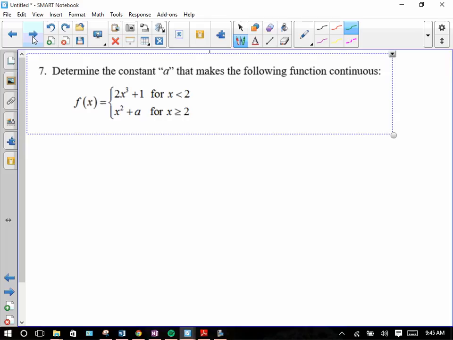If they're going to be continuous, that means that the left hand limit has to equal the right hand limit. So you're just going to show that this is equal to this, and x is 2. So you plug 2 into both of these. You have a number over here equals a number plus a.